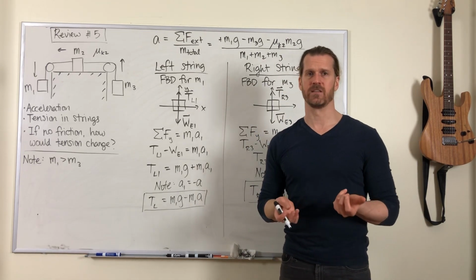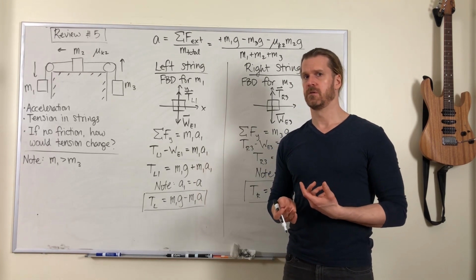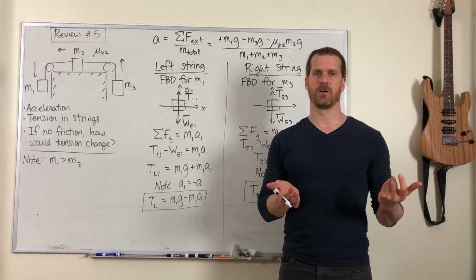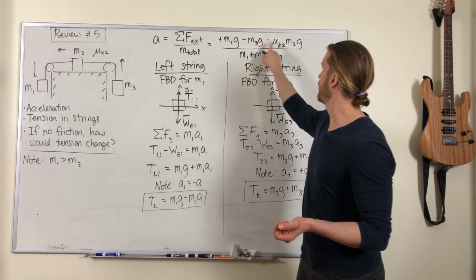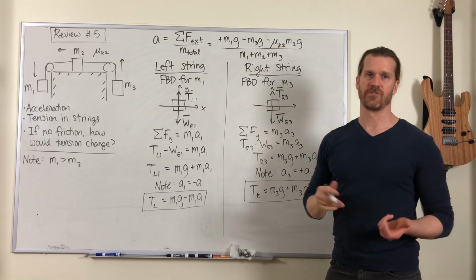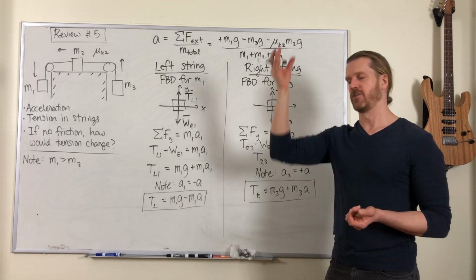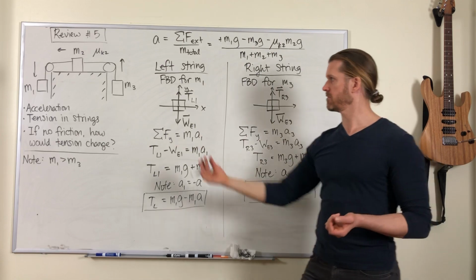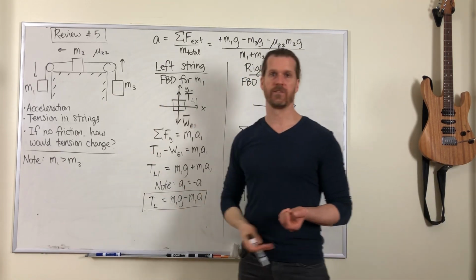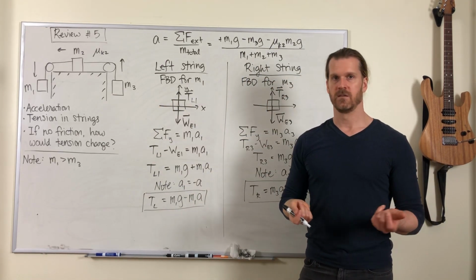Just keep in mind that you know how to do all the sub-problems. All these terms in the acceleration are a sub-problem. If an object is hanging vertically, you know that the force on it is the weight.